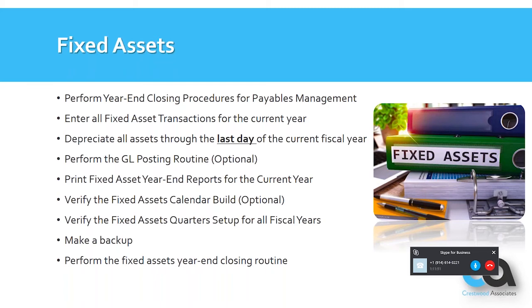There really isn't any new functionality this year that affects the process if you ran it in prior years. On newer versions of GP, though, there is a year-end closing report that was added. So definitely take advantage of that. Hopefully you're on a newer version, you can use that.